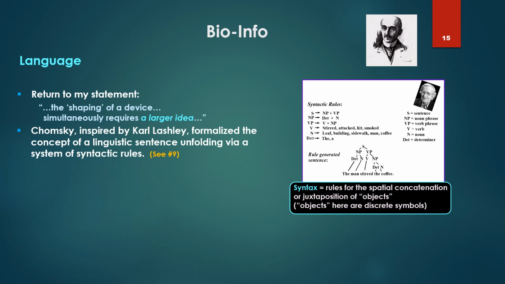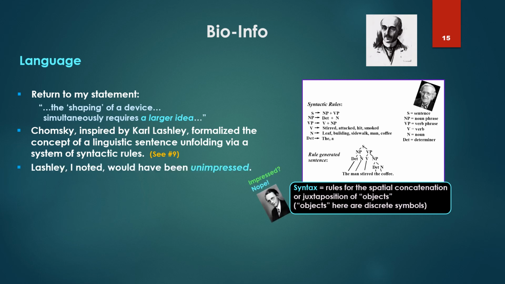And he viewed the sentence as unfolding via this set of syntactic rules, where the sentence unfolds firstly as a noun phrase and a verb phrase. The rewrite rule, S being rewritten as NP plus VP. A noun phrase is a determiner plus a noun, rewritten as that, like "the" is a determiner, etc. A noun we know, etc. So these rules unfolding.